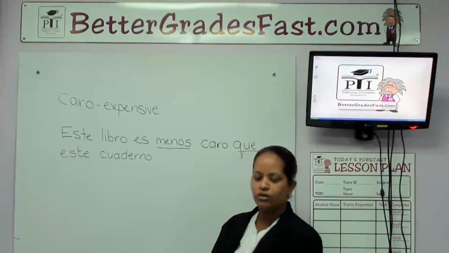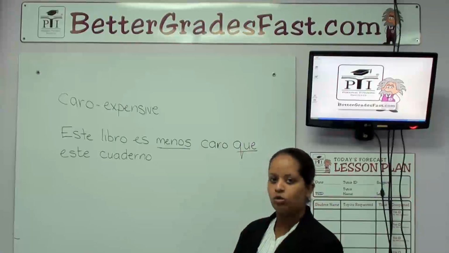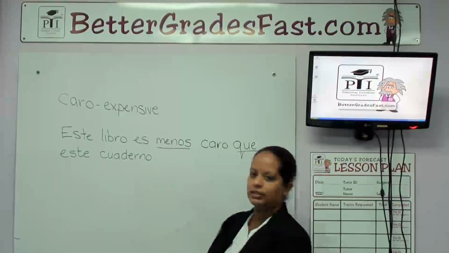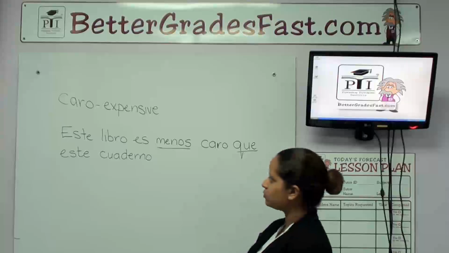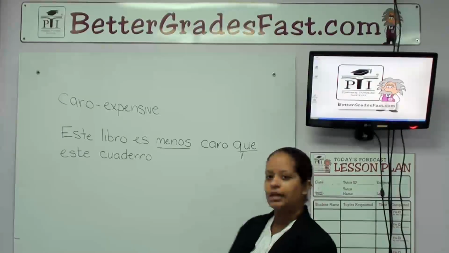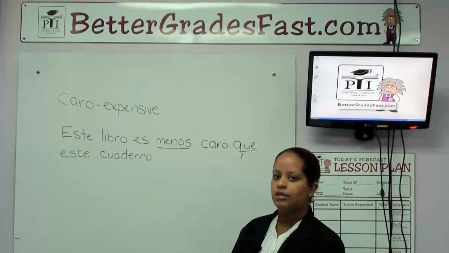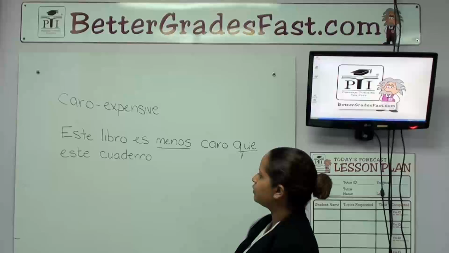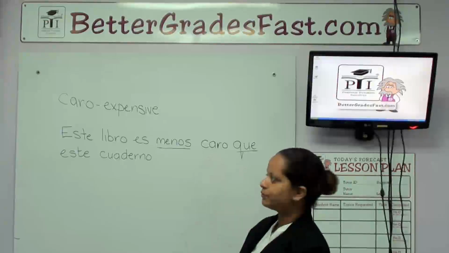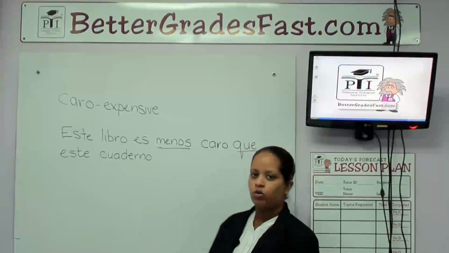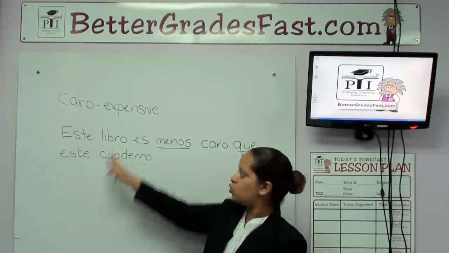Libro would refer more to a textbook or to a novel, whereas cuaderno refers to an exercise book or notebook. So in this case, again, we follow the structure that you should know by now. Menos, an adjective, and then que. Remember that this can only be used to compare two nouns.